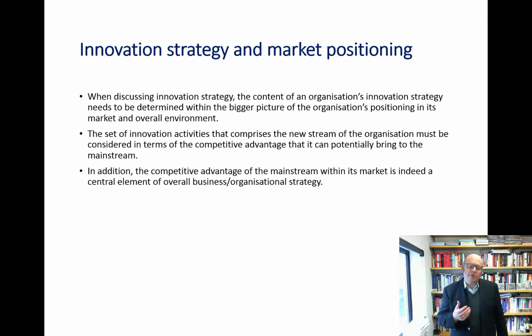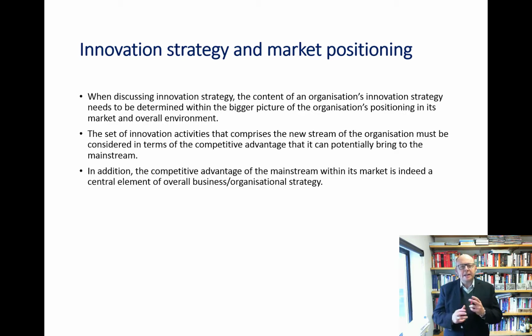Organisations already have a strategy in play. They're already doing particular things, and often businesses have multiple business units. They're not just competing in one industry, they're often competing in multiple industries. For example, Apple is competing not just in the phone marketplace, but also in the computer marketplace and the TV marketplace. So there are a lot of different segments it's competing in.